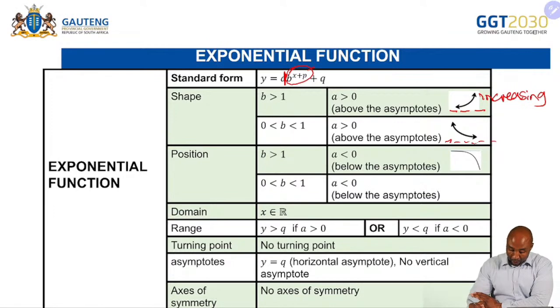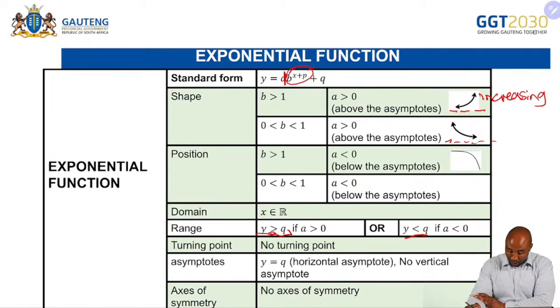And we know that the range is either defined above the asymptote or below, depending on the equation, so we should give the range as such. As you can see, for this one, we cannot use equal to, for reasons that it's an asymptote. Our graph should never touch or intersect the asymptote.